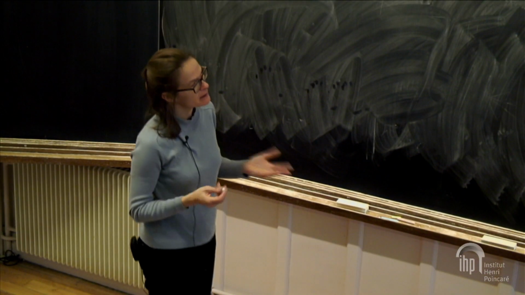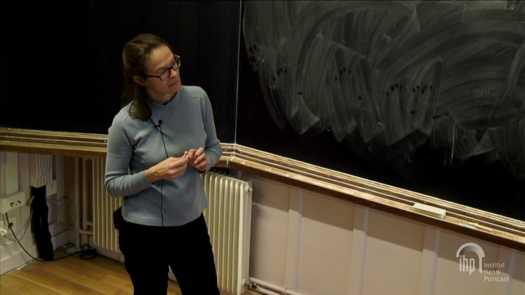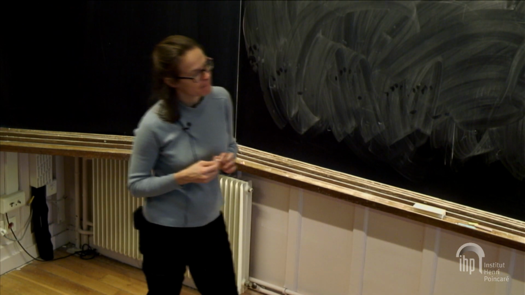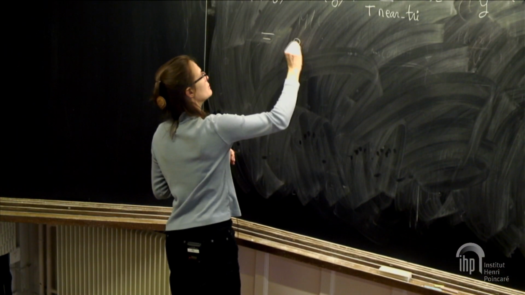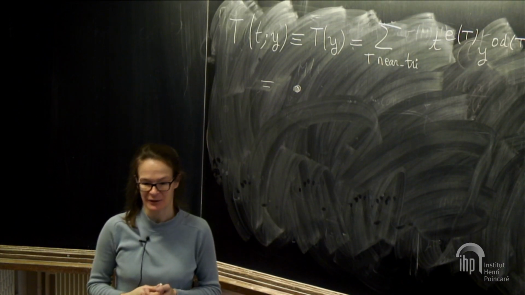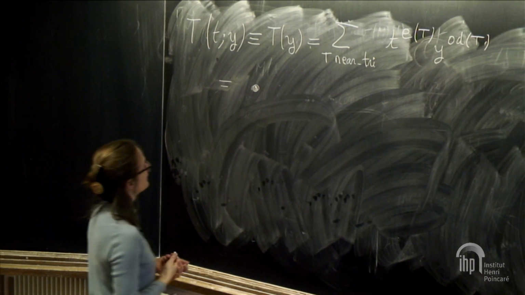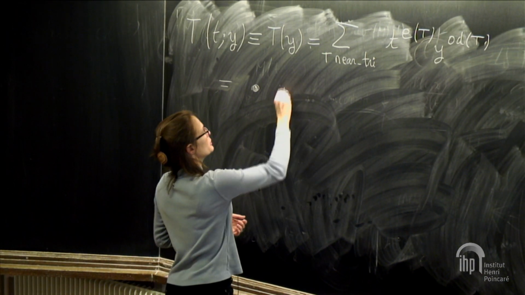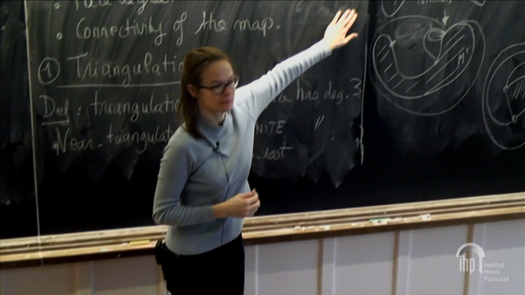So maybe we can discuss the first steps. Well, I guess you all agree that we can consider this, if we need, as a near triangulation. Then what's the contribution of near triangulations in which the root edge is a bridge?